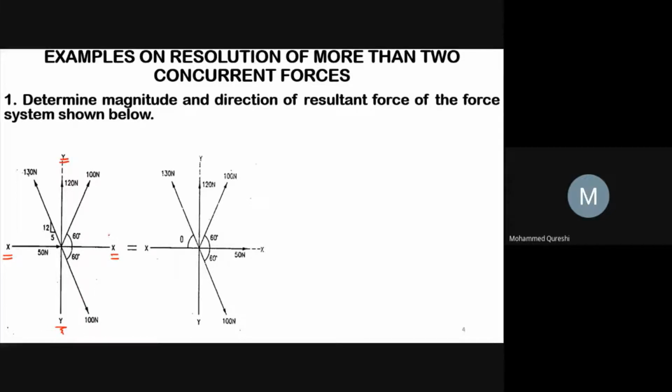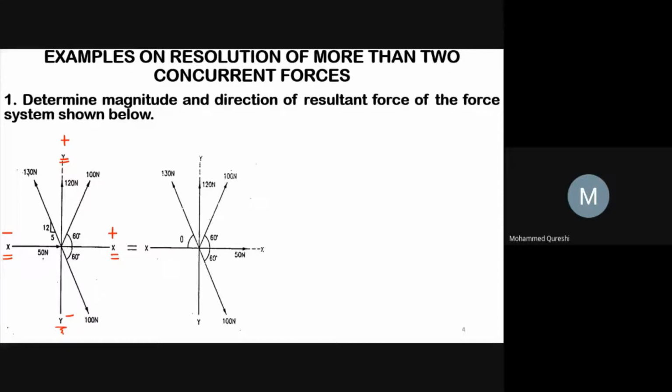So, first of all, denote these axes with plus and minus notation. Plus y-axis, minus y-axis. So it will be easier for you while solving the examples. So this is our given figure.